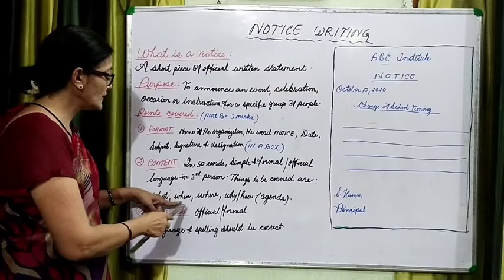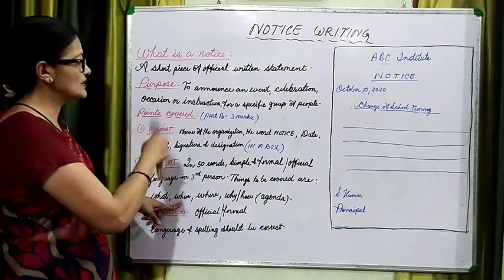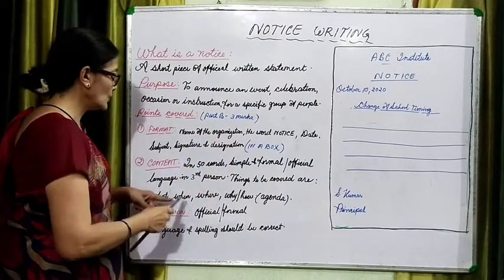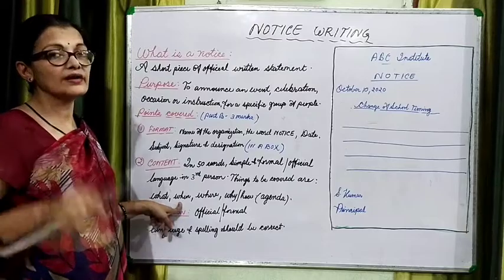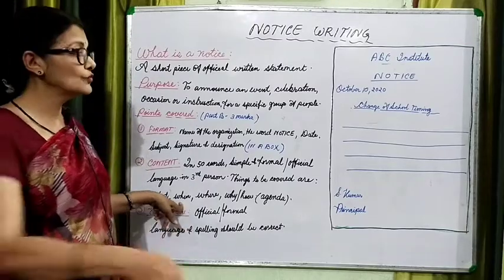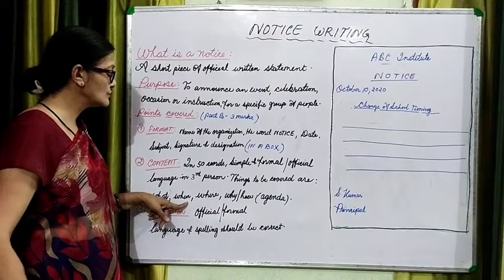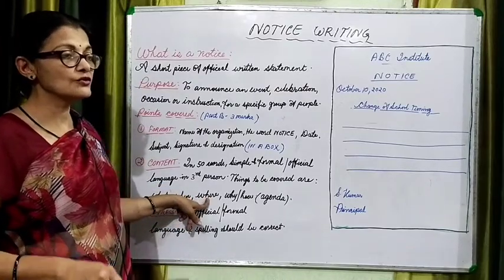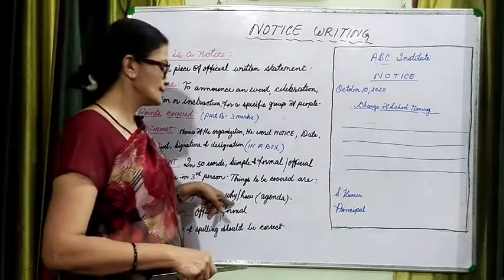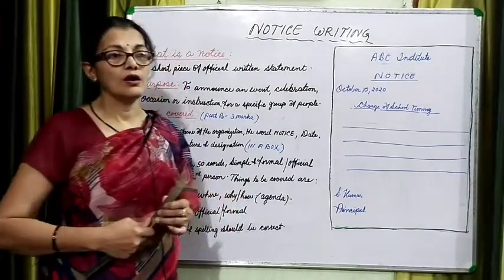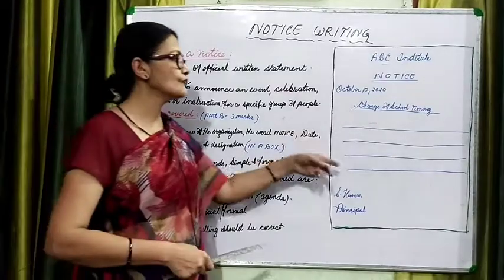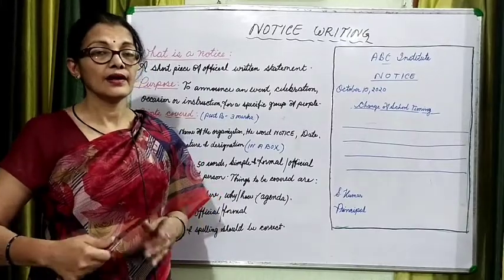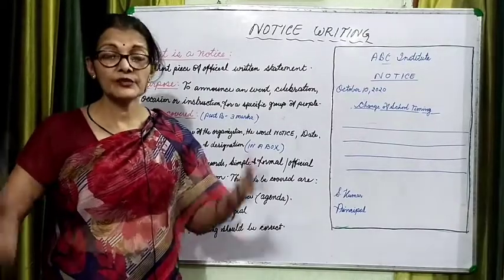Suppose this is an announcement of an event: when is the event, and where, meaning the location or venue. Why and how: why means the purpose of that event, and how will it be performed.